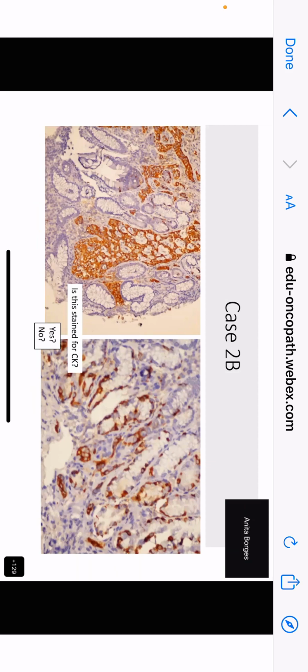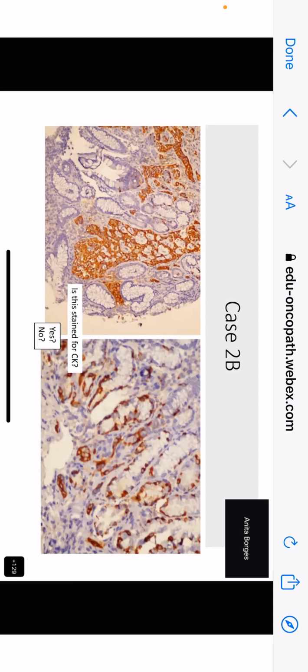Come on, Limpy. You said it's not stained for cytokeratin, right? Yes, ma'am. Very good. So now tell them why. It's a neuroendocrine tumor, ma'am. So neuroendocrine tumors don't stain for cytokeratin.